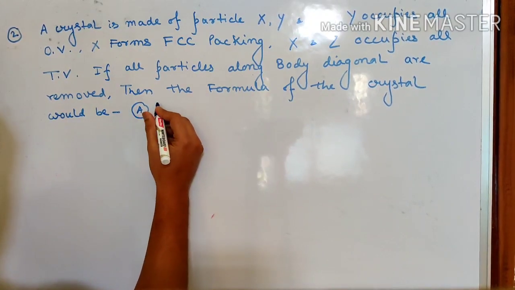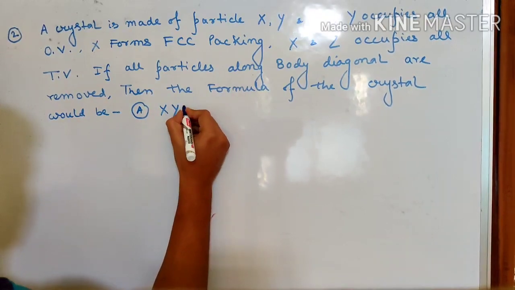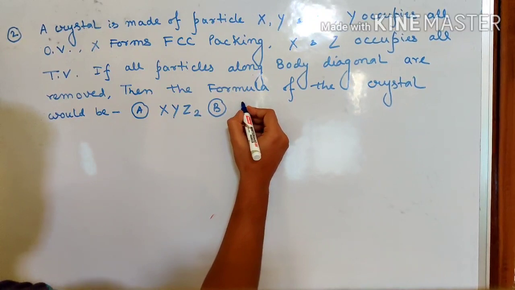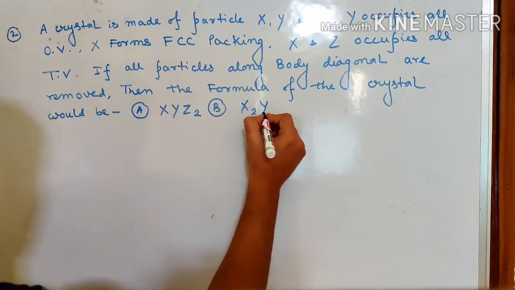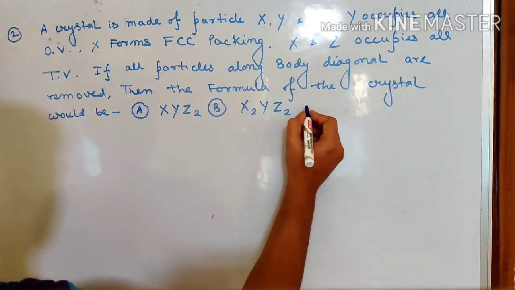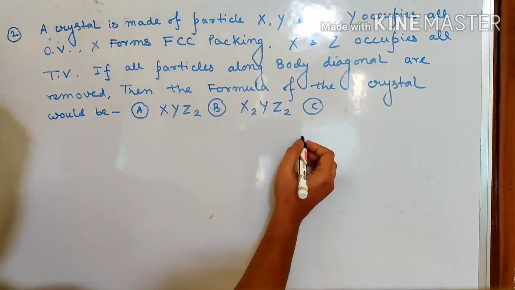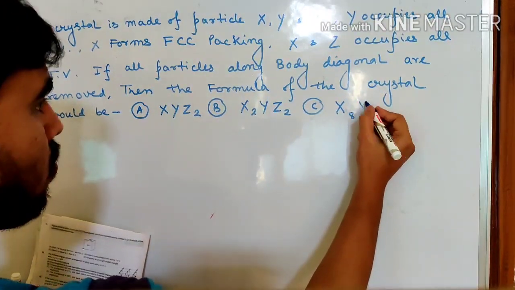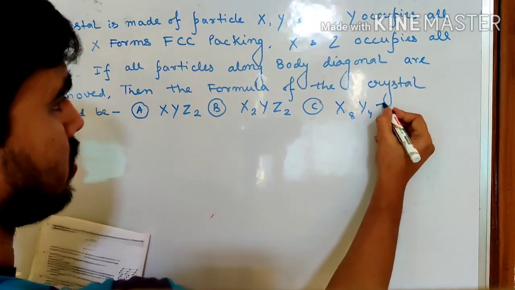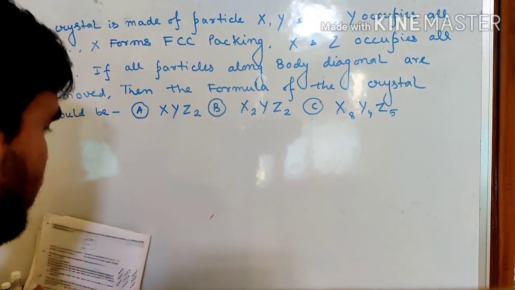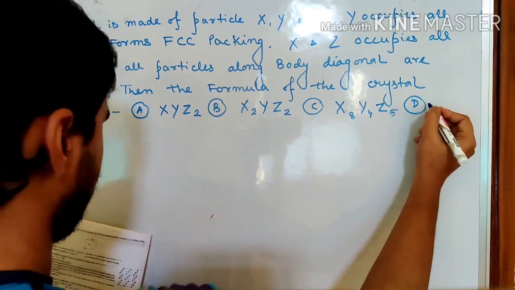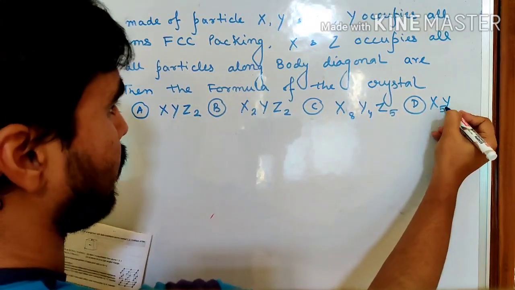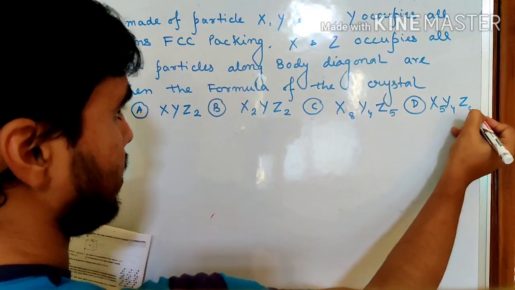Option A is X, Y, Z2. Option B is X2, Y, Z2. Option C is X8, Y4, Z5. And option D is X5, Y4, Z8.